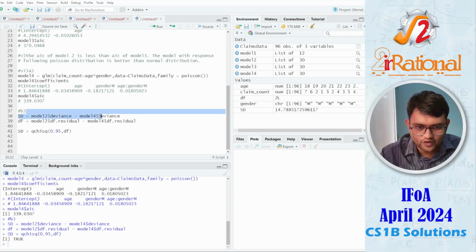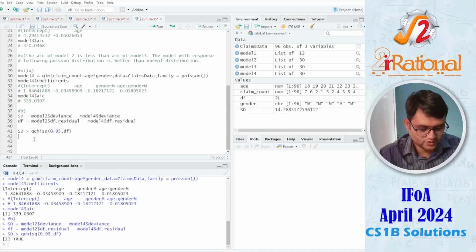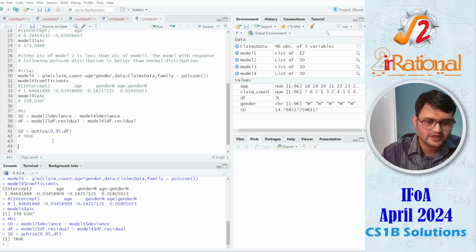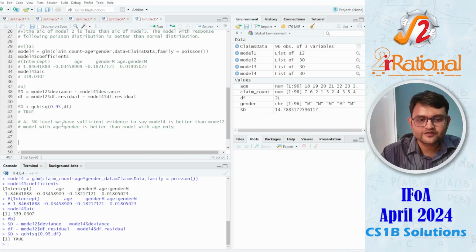That is, this model 4 is better than the model 2. And see, we are getting true. So clearly we'll conclude that at 5% level model 4 is better than model 2. At 5% level we have sufficient evidence to say model 4 is better than model 2. Model with age star gender is better than the model with age only.